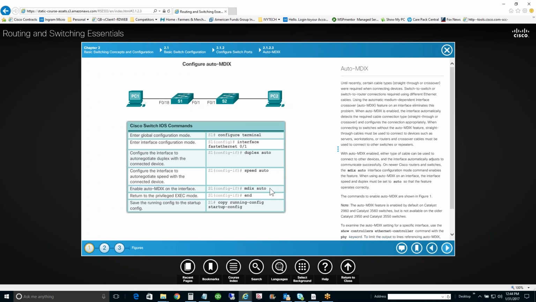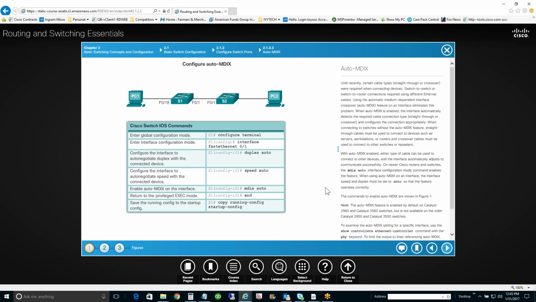Also, MDIX auto. Almost everything is MDIX auto now, but when switches first came out, and networking devices in general, the general rule was that if you had two devices of the same type, they could only communicate through a crossover cable, which is a network cable that basically has, I think, pins 2 and 3 switched or crossed over.